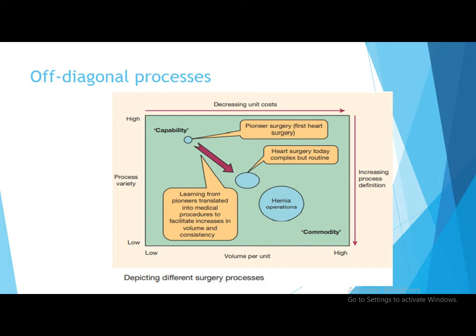In this case, the move from capability towards the commodity does not deskill the surgeon, but it does mean that surgeons may become increasingly specialist and less able to revert to more general surgery. So this is about the off-diagonal processes.